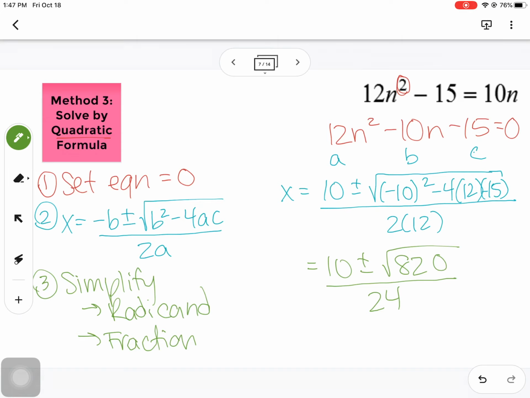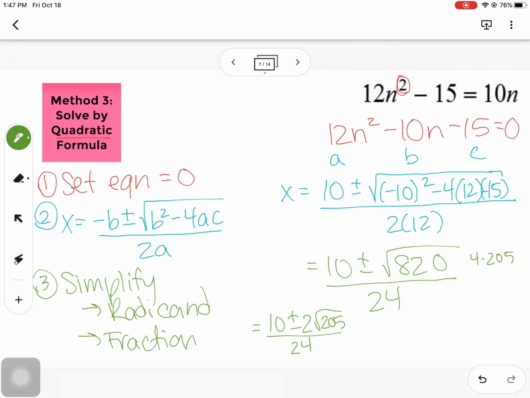Okay, so you need to find me the largest perfect square that goes into 820 that you can pull out. So take a second and do that. The largest one that does go in is 205, or sorry, it's 4 times 205. So when I simplify that, I'm going to have 10 plus or minus 2 root 205 all over 24.